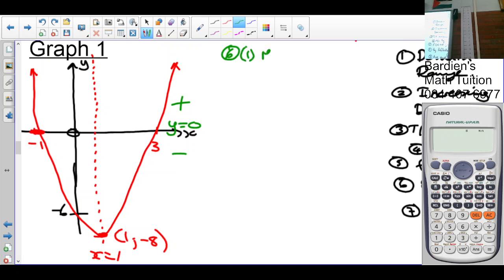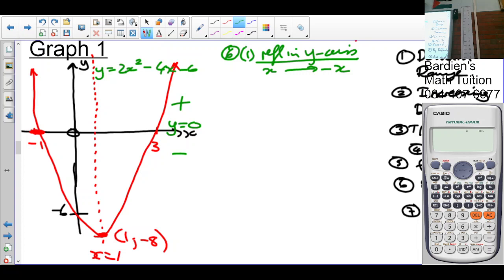y-axis. Reflection in the y-axis. What's the rule if something is reflected in the y-axis? X becomes negative. Remember we did this last year as well. Right. The reflection in the y-axis, x becomes negative. So what was the equation of this graph? Y equals 2x squared minus 4x minus 6.